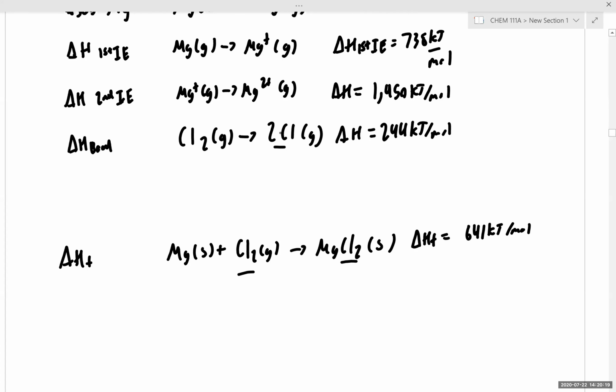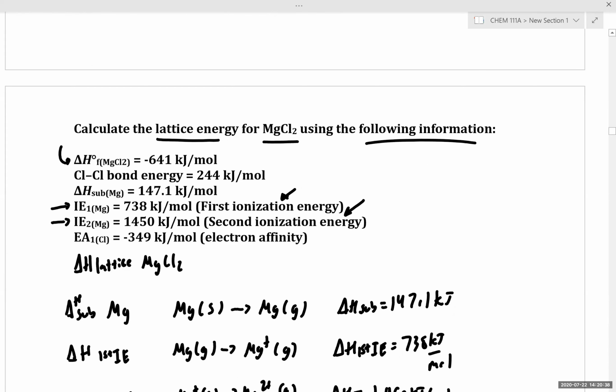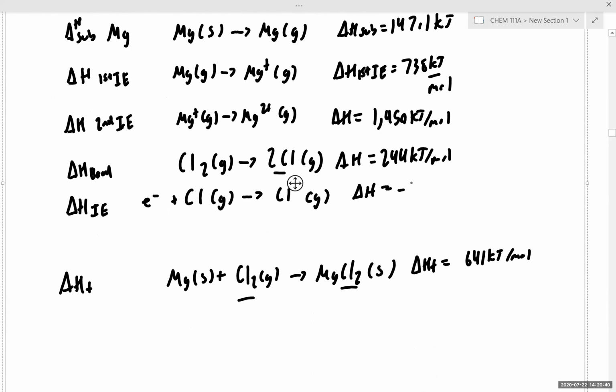So the 2 chlorines that we produce are perfectly fine. Now let's look at our electron affinity for chlorine. We're taking chlorine in the gas phase, gaining an electron and going to chloride in the gas phase. This has an enthalpy value of negative 349 kilojoules per mole.